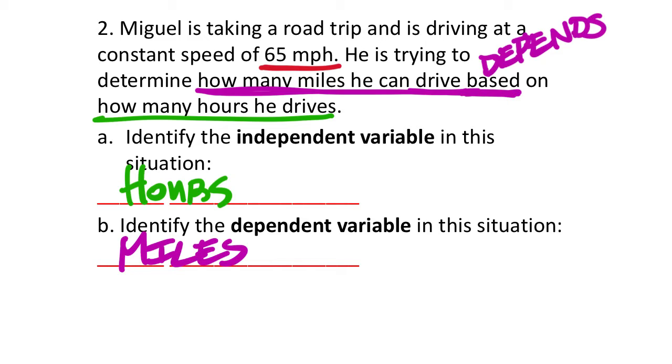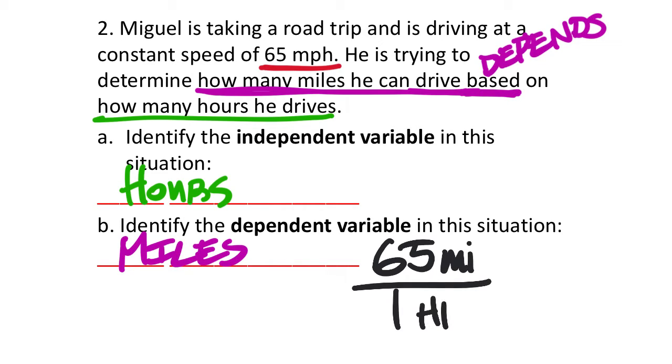At 65 miles per hour, that's just written as a rate like that in a word problem. But if you were to write it out as a fraction, it would show 65 miles per 1 hour. And again, the top is always the y, which is the numerator, and the denominator is usually the x in a rate like this.